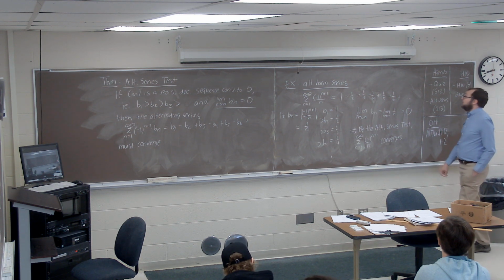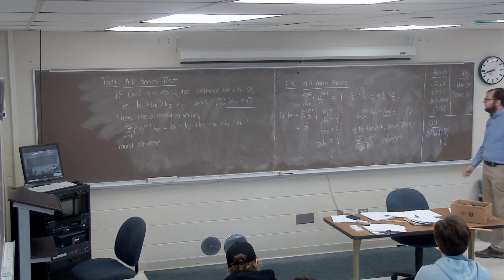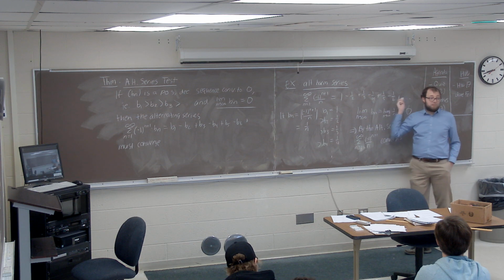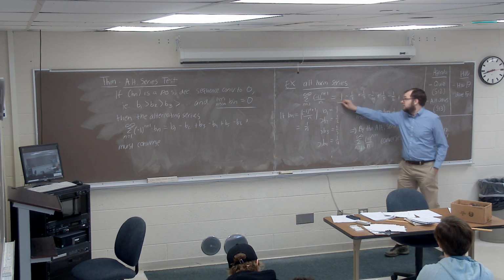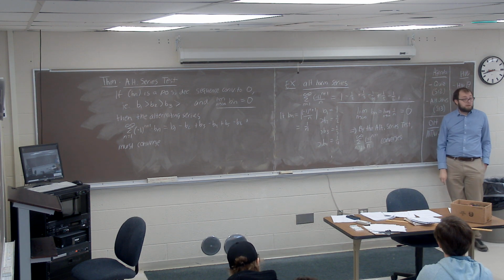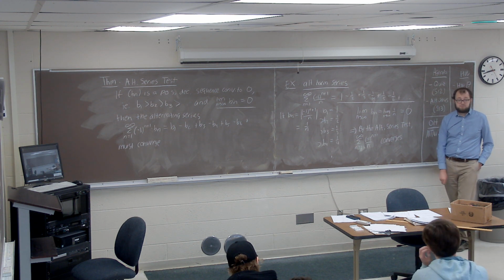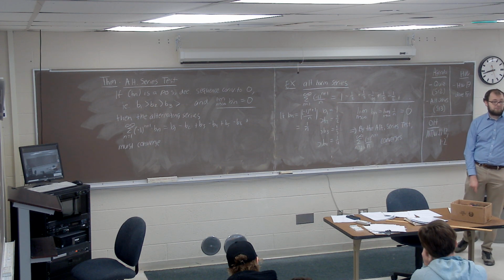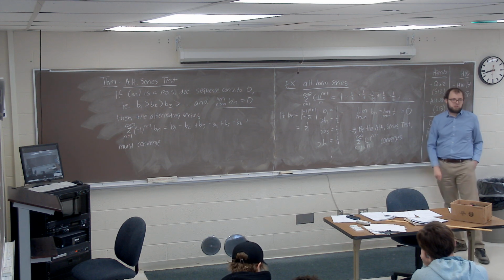So even though the alternating harmonic series is not absolutely convergent, if we take the absolute value of each term and add them all up, we don't get a convergent series, if we make every other term negative, this series is in fact going to converge to something. By the way, out of curiosity, does anybody know what this series converges to?